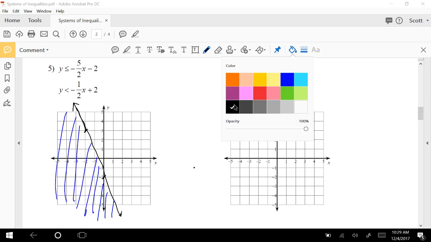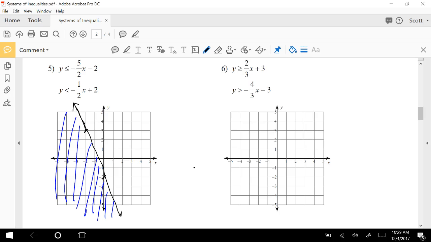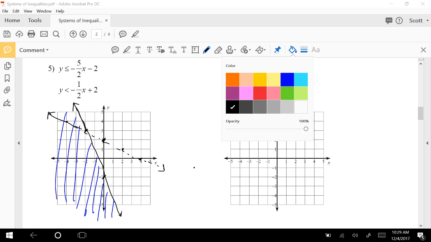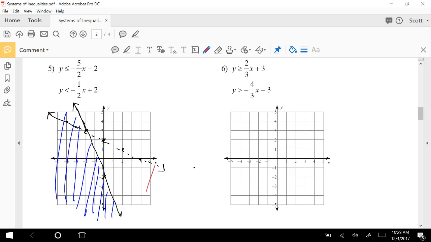Y is less than negative 1/2 x plus 2. Plus 2 right there. Negative 1/2 x, negative 1 over 2. And this needs to be a dashed line. Less than that would be below.